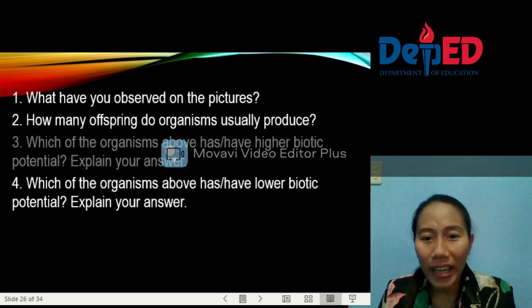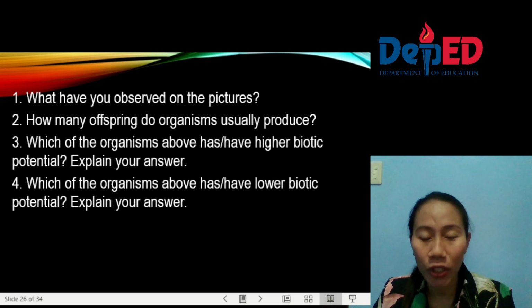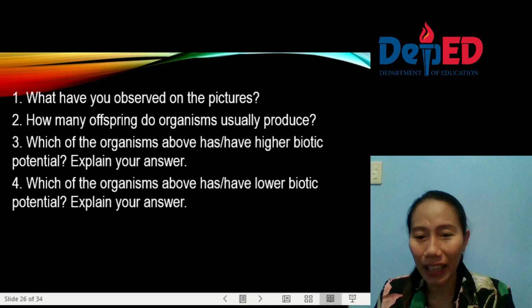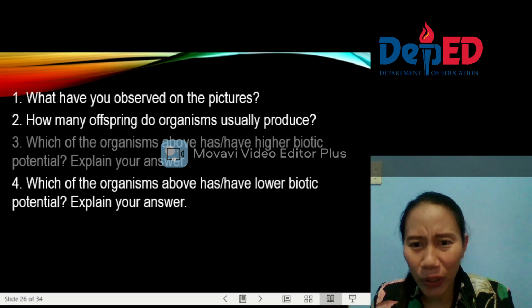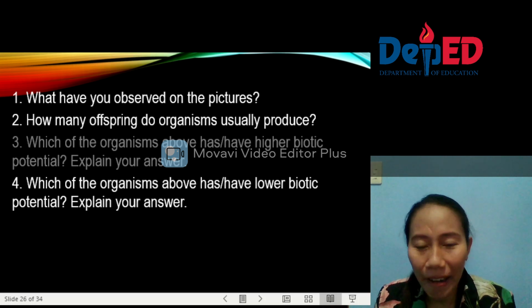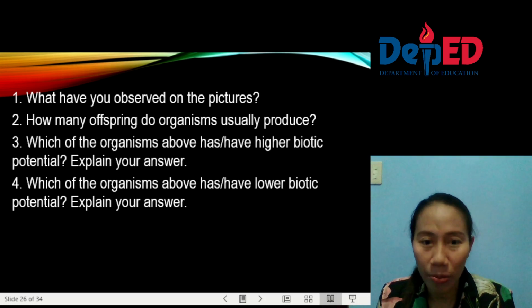Okay, the organism that has a lower biotic potential based on the picture is actually the human, followed by the blue shark and the elephant. Why? Because they only carry one offspring, right?